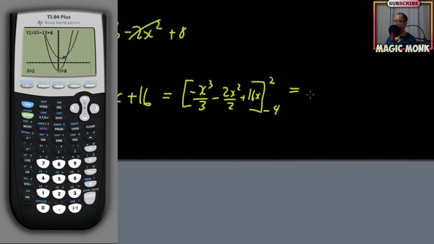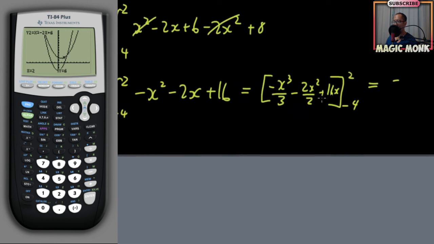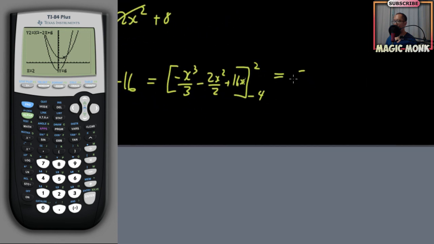So you go negative 2 cubed over 3, minus 2 times x squared, oops, 2 divided by 2 is just 1, minus 2 squared, plus 16 times 2.